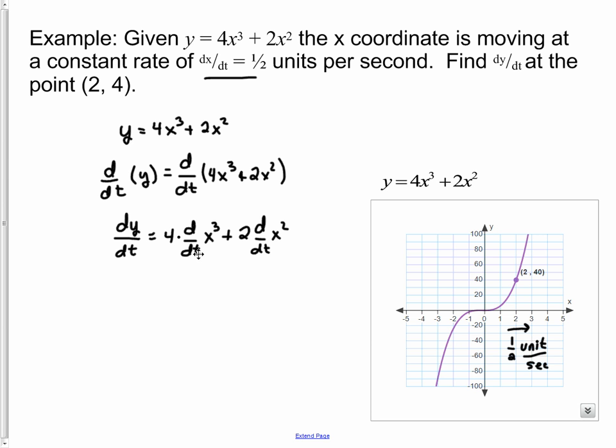Right? Now, t and x don't match right here. So we're going to have to use our chain rule. And so we would find that dy/dt is equal to 4 times the derivative of x cubed, which we know is 3x squared, times the derivative of x with respect to time. Right? It's x as a function of t, so we have to multiply by dx/dt at the end right here.